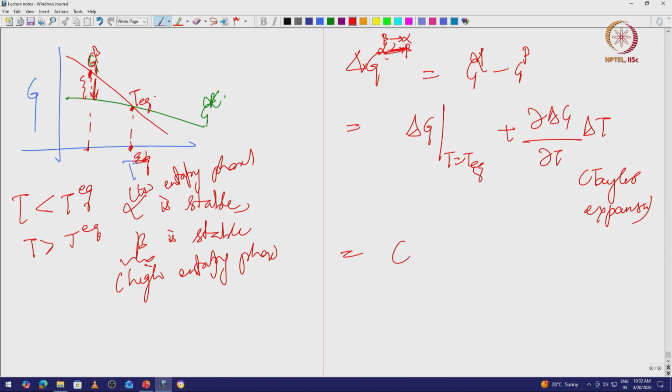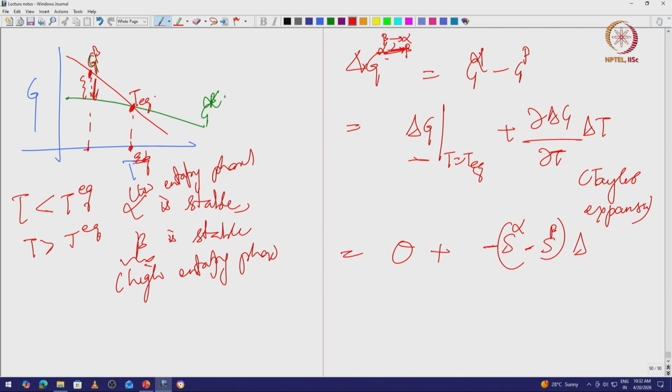Now, that is equal to 0 plus, because at equilibrium G of alpha equal to G of beta, so at this point this is 0, d delta G by dT, right. So, that is dG alpha by dT minus dG beta by dT, that is equal to minus S alpha minus minus S beta, right, minus of S alpha minus S beta times delta T.